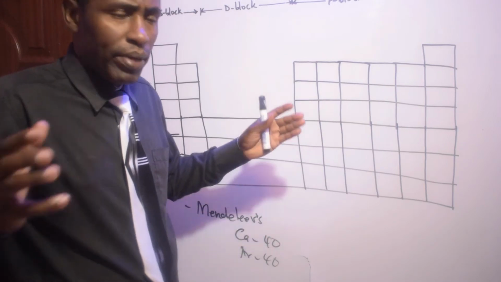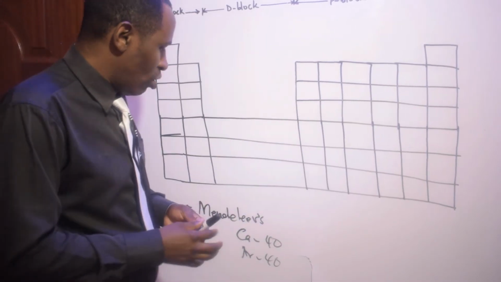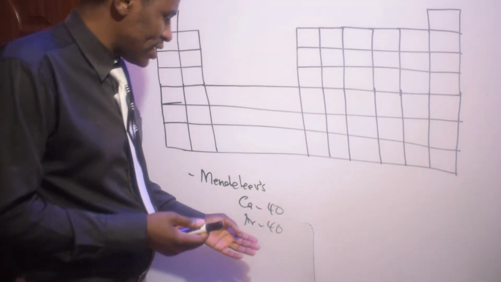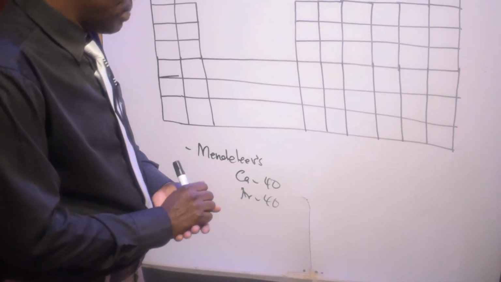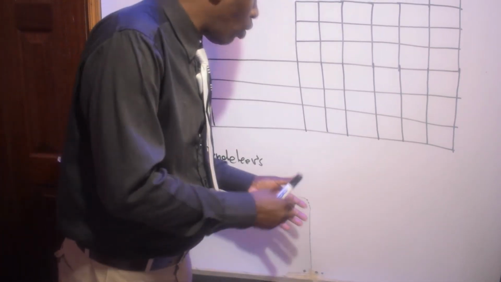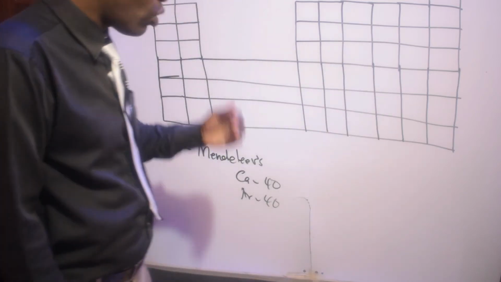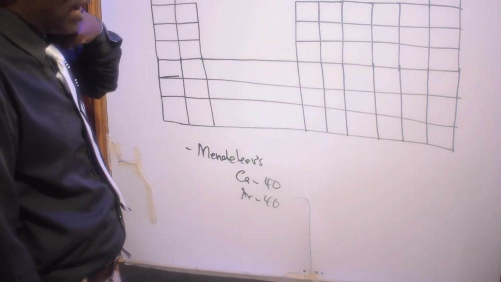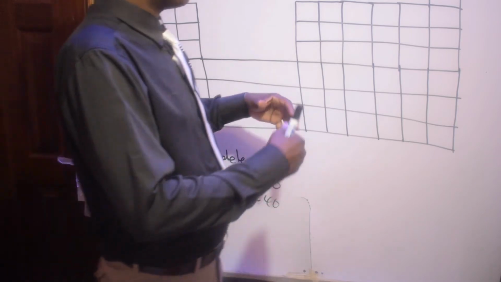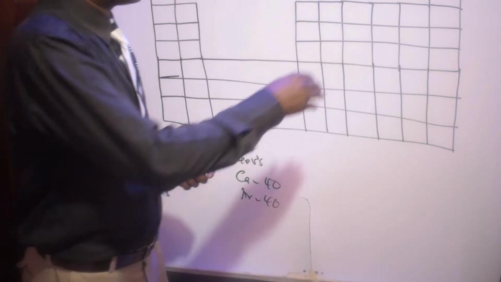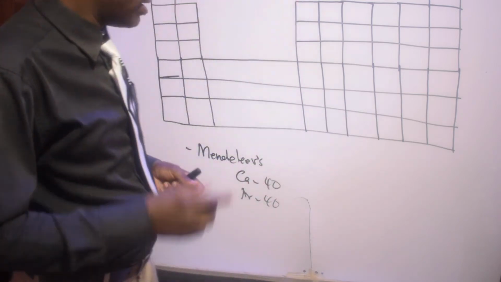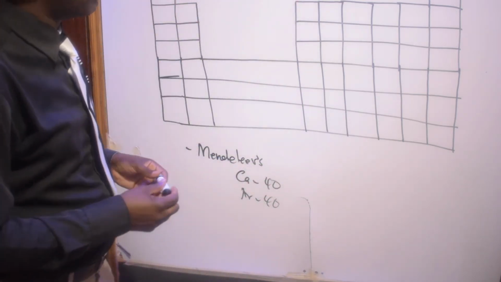It would also eliminate the problem of some of these elements having the same mass number but of course different atomic numbers, so that all would fit in my periodic table. Now, these chemists brought us to what we call the modern periodic table.